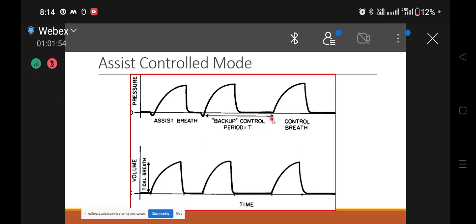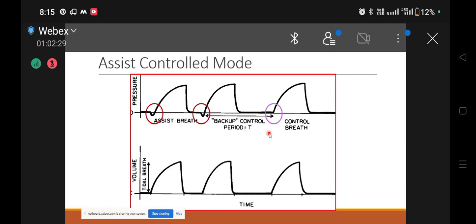Now here there is no negative deflection. So that means, if this breath is going below what you have set on your ventilator, then the machine will take control and it will give its own breath. So this is what is called a control breath over here. So these are assisted breaths over here, and this is a controlled breath. So that's why this mode is called assist control mode.